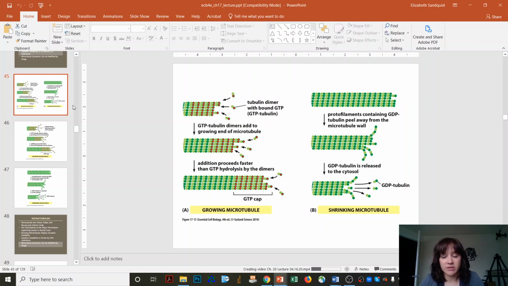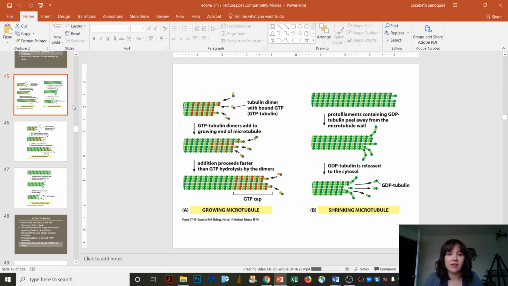And so when we're talking about microtubules, the subunits that make up a microtubule are called tubulin dimers. And they are going to only add onto one end of the microtubule. When they attach, they have GTP bound to them, right? And we've talked about GTPase proteins before.